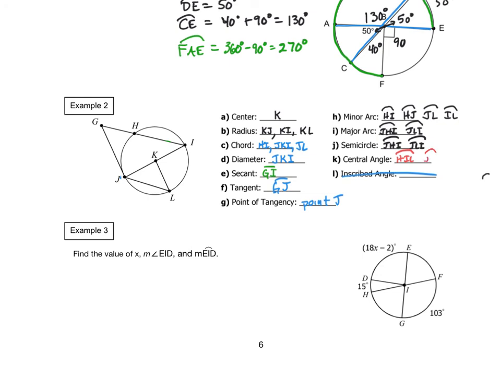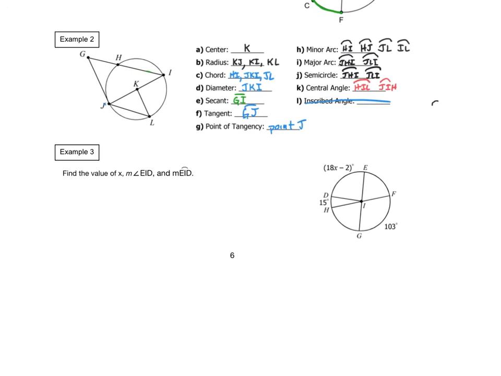Arc JIH is over 180 degrees. So there's multiple ones that we can come up with there. But just understand, we didn't finish all of them, but you can have varying answers and still be correct.